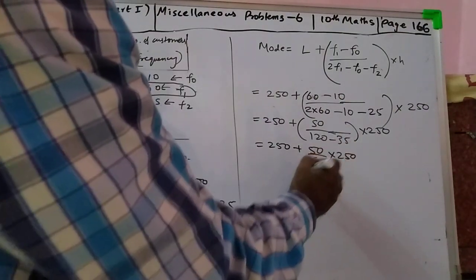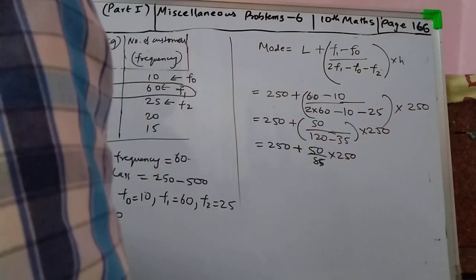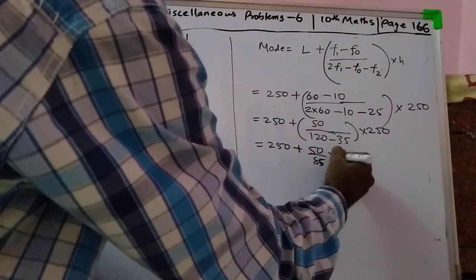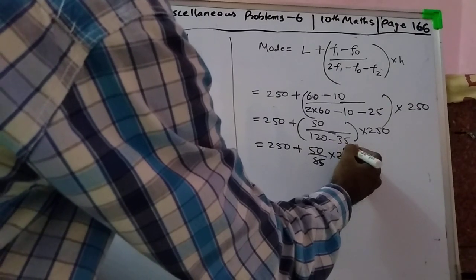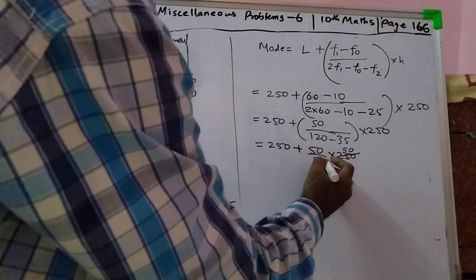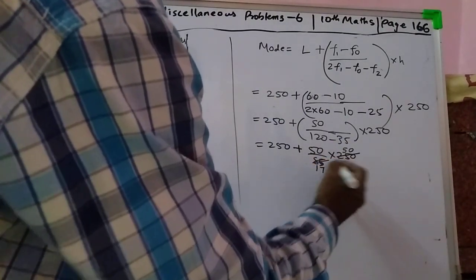I will cut this. It will go in the 5 table, I think. 5 into 50, and it will go in this 70.